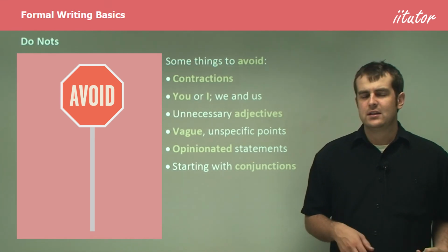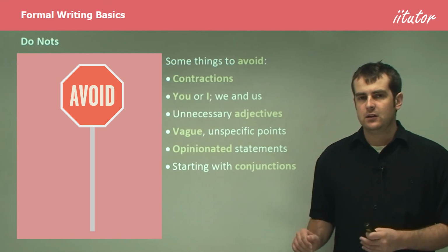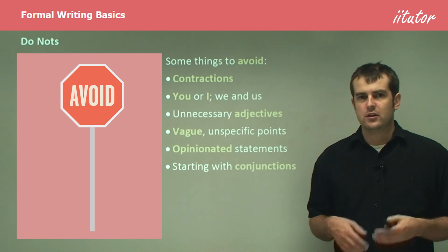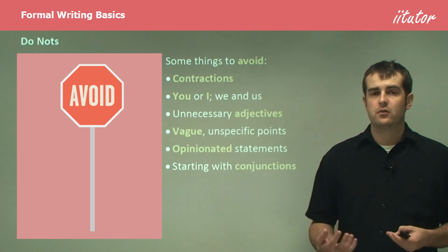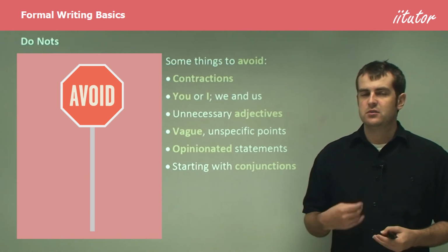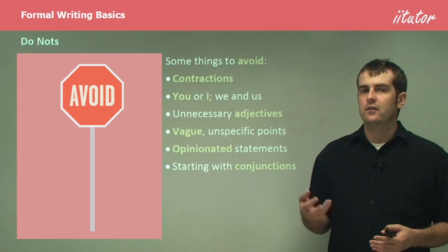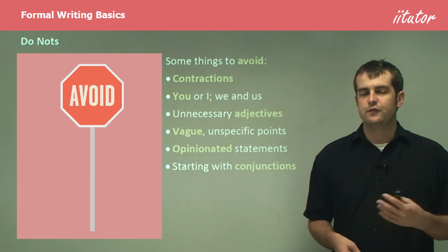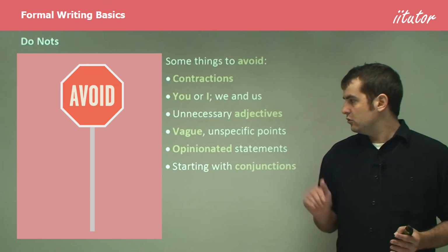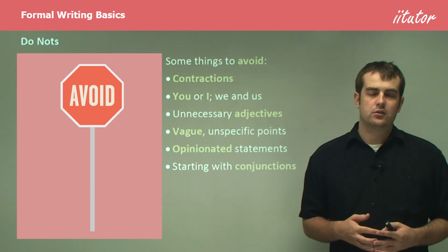When writing an essay, you should be writing complex sentences anyway. Essay writing is not about flow as much as creative writing is. What your essay is about is communicating facts in a logical and airtight fashion. So starting with conjunctions is unnecessary and is a sign of informal English. Do try to avoid that when you're writing your essays.